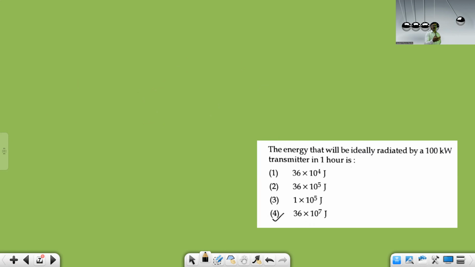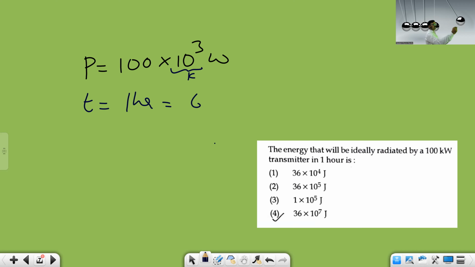See the energy that will ideally be radiated by a 100 kilowatt transmitter. They gave the power as 100 kilowatt. Kilo means 10 cube. And the time they mentioned is 1 hour. 1 hour is 60 minutes, and 1 minute has 60 seconds, so I can write 3,600 seconds.